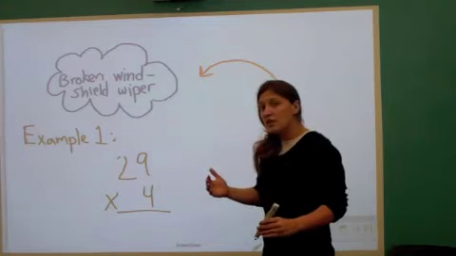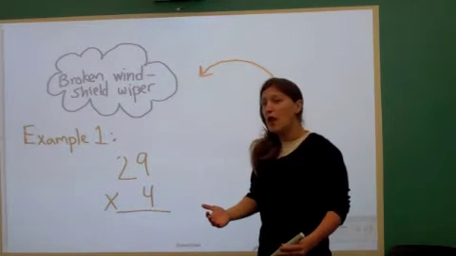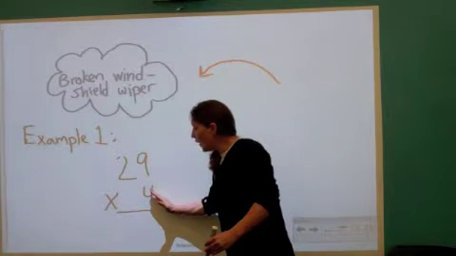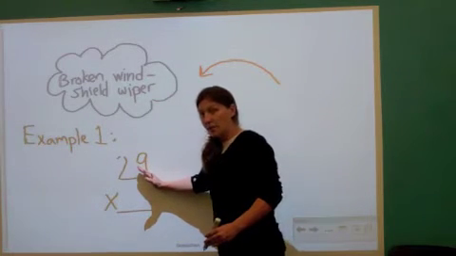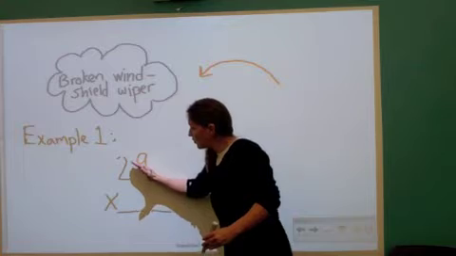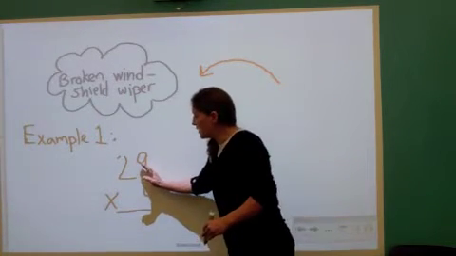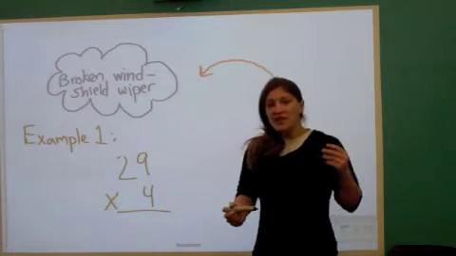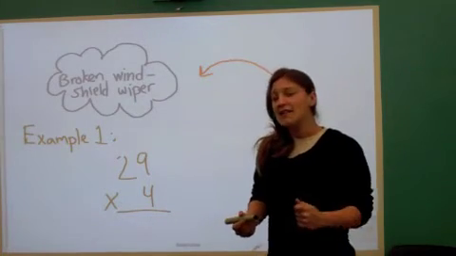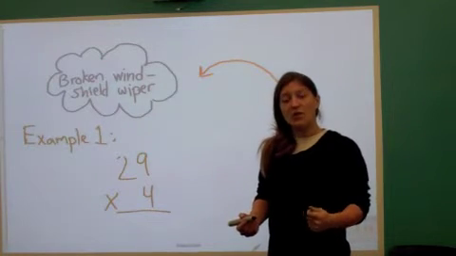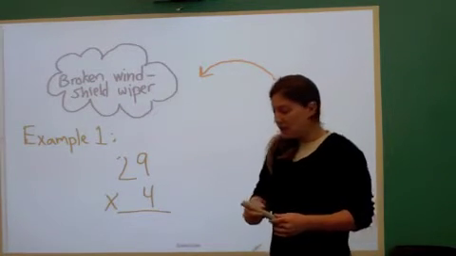So the first multiplication problem that we start to look at is 4 times 9. Remember, we're going in that arch direction. So 4 times 9. And this is when your multiplication facts need to be fast. I know that 4 times 9, or 9 times 4 is 36.